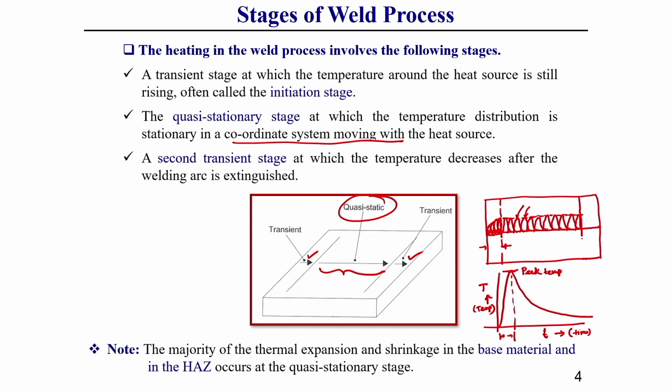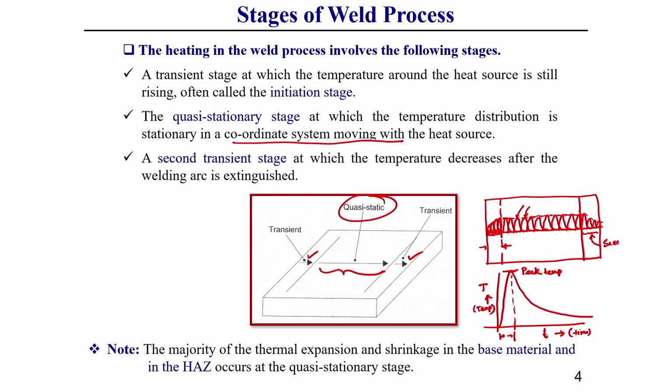After that, once you extinguish the arc, you will find this peak temperature level keeps decreasing, gradually decreasing in nature. What I am telling you, understand, is that the temperature profile, because of extinguishing here, over the distance here you can see, is gradually decreasing in nature.